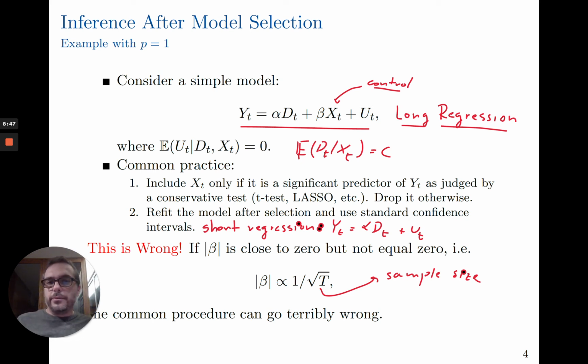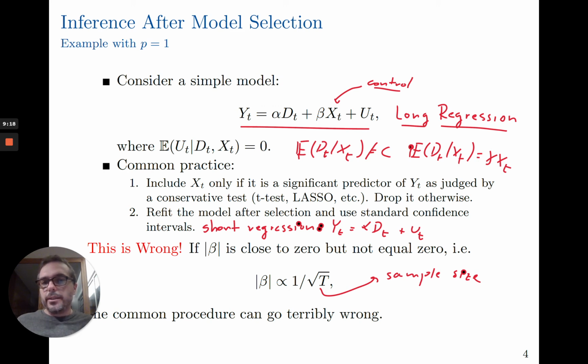On the other hand, if this is not true, if instead of a constant the conditional expectation is something that depends on x, the correlation among the two, then these two variables are related, and so there is correlation between d and x.